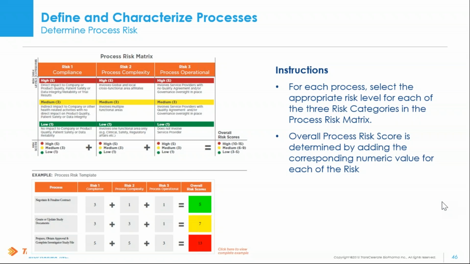Since not all processes in the clinical development landscape have the same level of risk, it is recommended that the level of controls to reduce or avoid the risk be in place, and they should be commensurate with the level of risk. The goal of this step is to identify the process risk, which is used to help determine the documentation strategy, which I'll go through in the next slide.